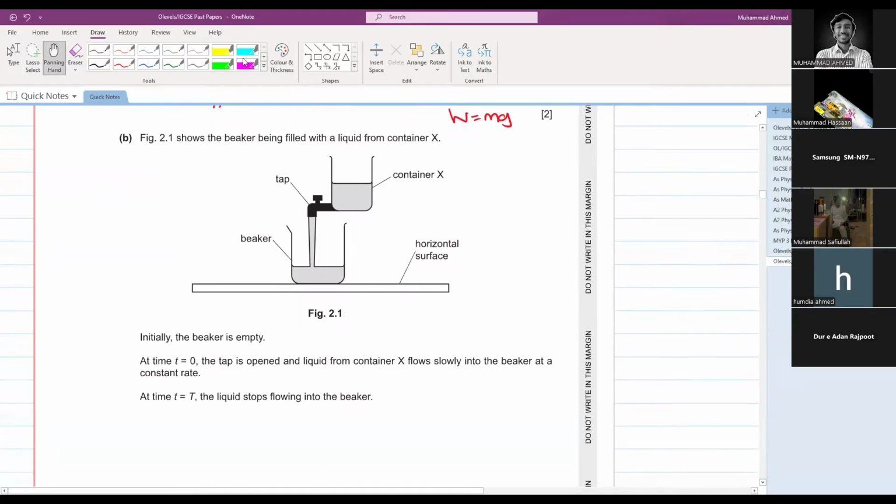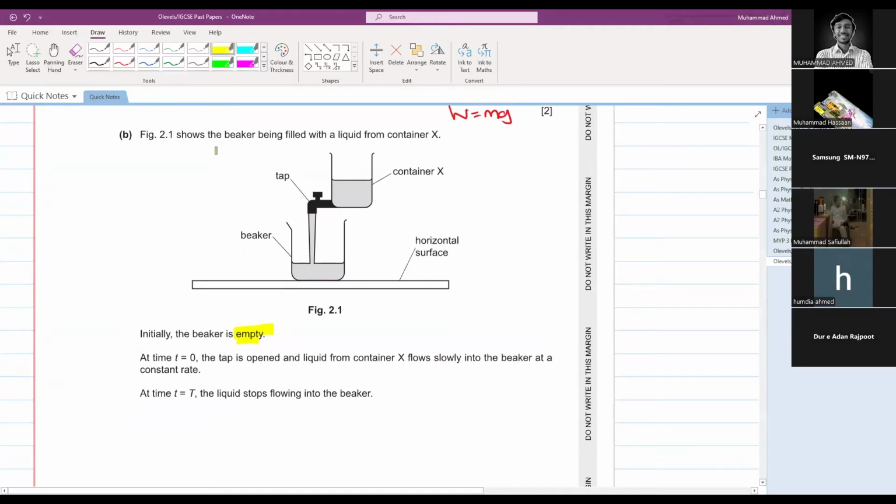Figure 2.1 shows the beaker being filled with a liquid from container X. Initially the beaker is empty.